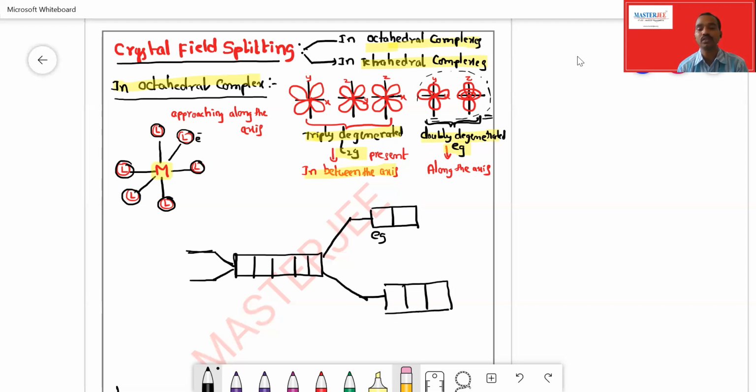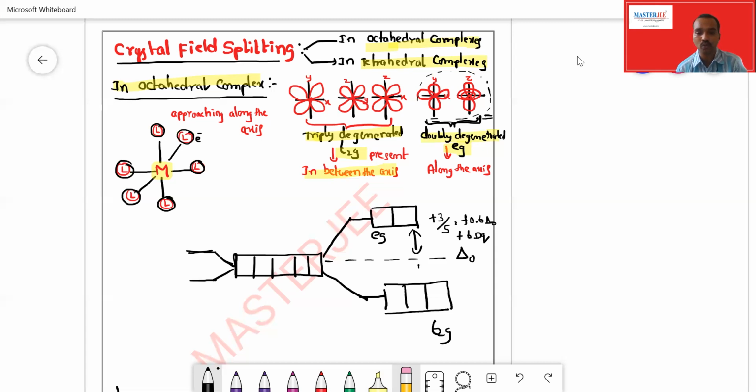Now if you see here, this is the gap between these two, the eg and t2g levels. The energy gap in between these two is what we indicate with delta naught. From here to here, how much higher is it? This is 3 by 5, that means plus 0.6 delta naught, otherwise plus 6 Dq, differential quanta. When compared to eg, how much lower is t2g?